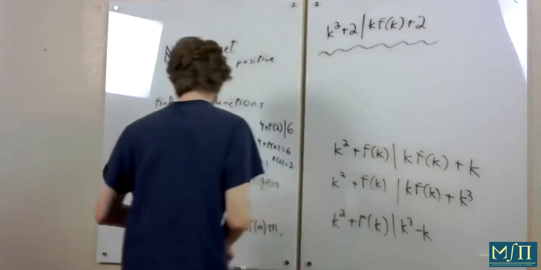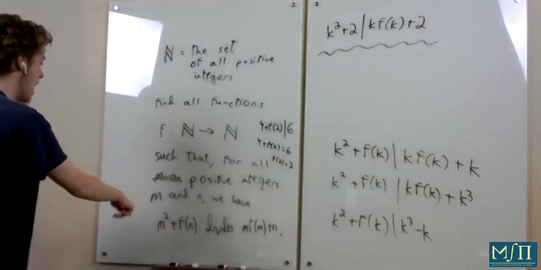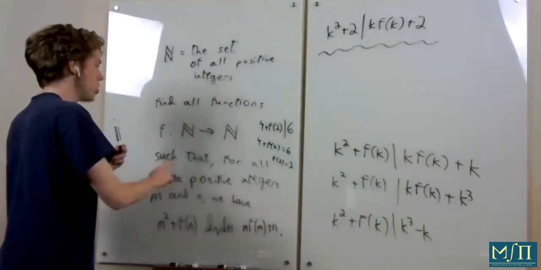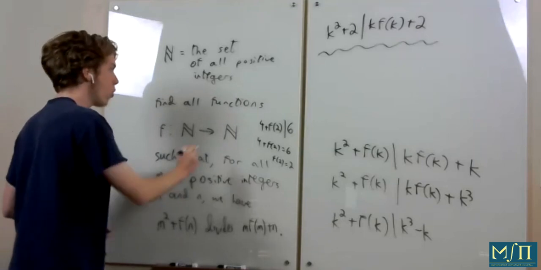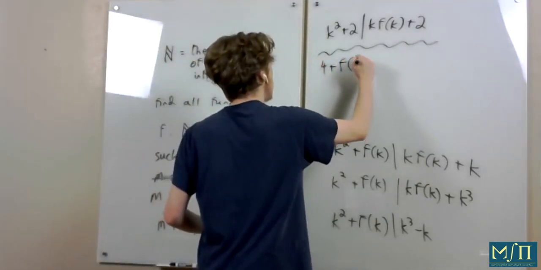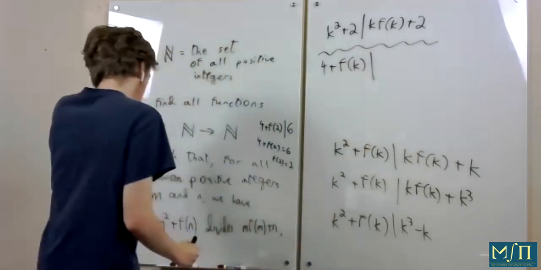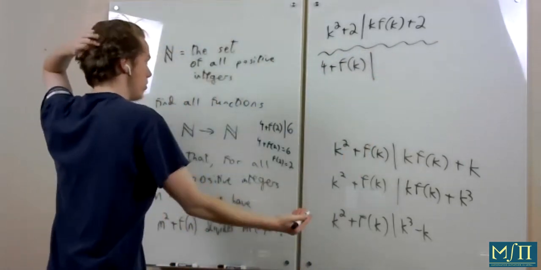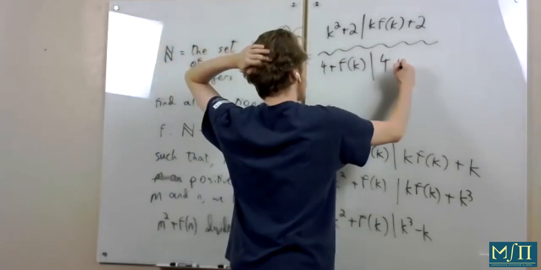Also, if instead we plug in 2 and k, we get 4 plus f of k divides 2 times f of 2, which is 4, plus k.